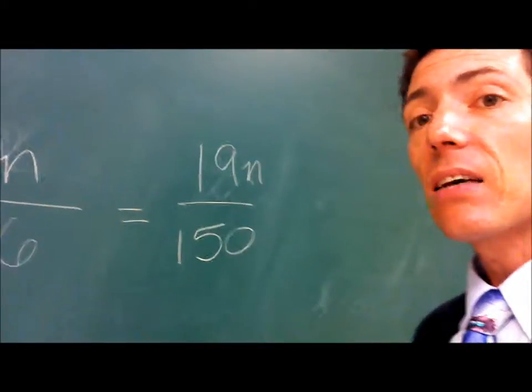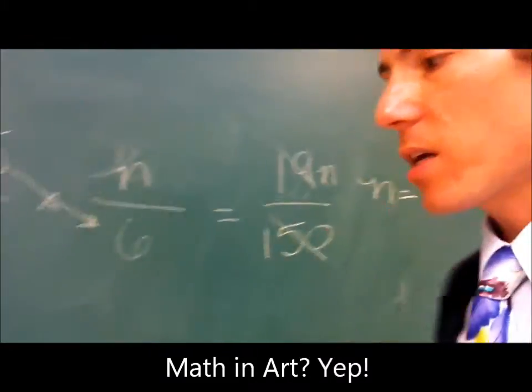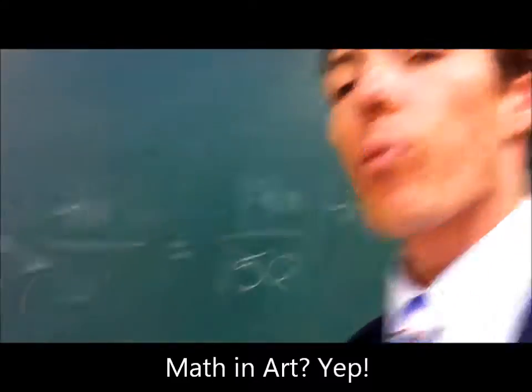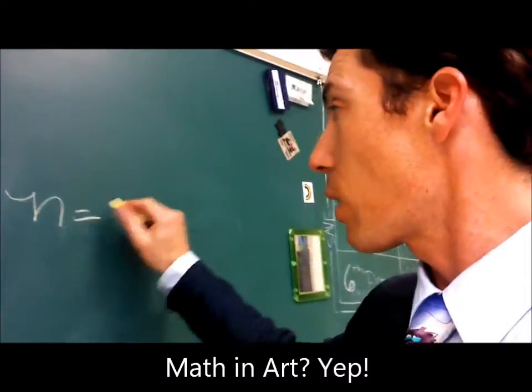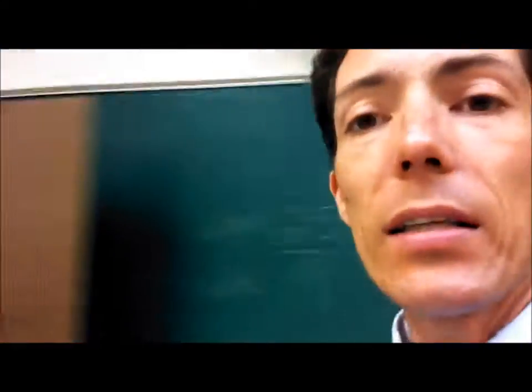So now I need to divide 19 out of each side. Cross that out. Therefore, n is equal to 4.56, and I'm just going to round that to 4.5. And that tells me how wide my piece is going to be. That's how it's going to work.